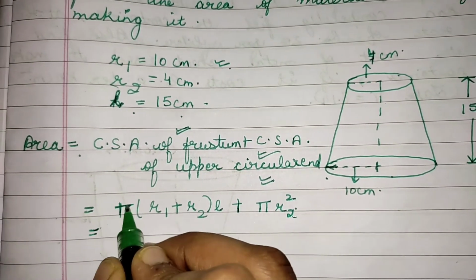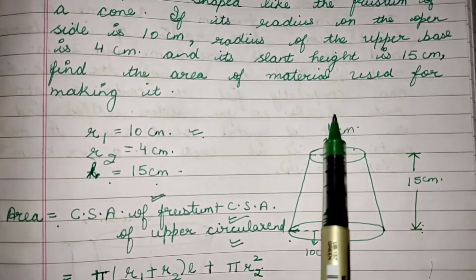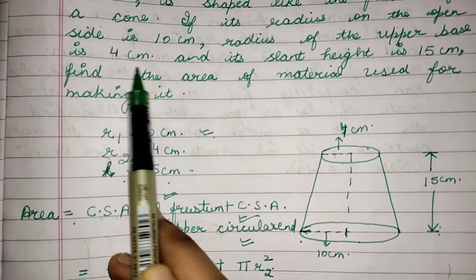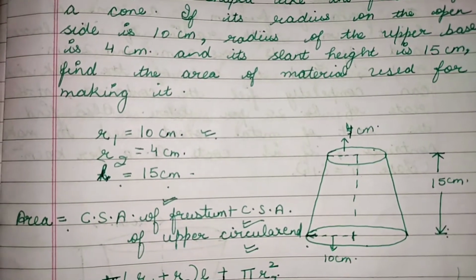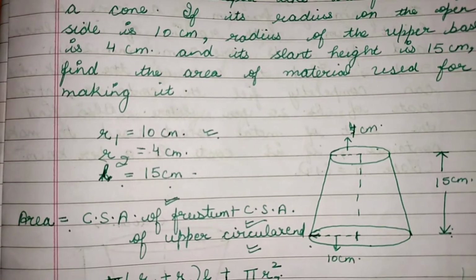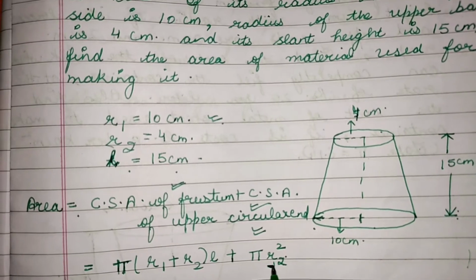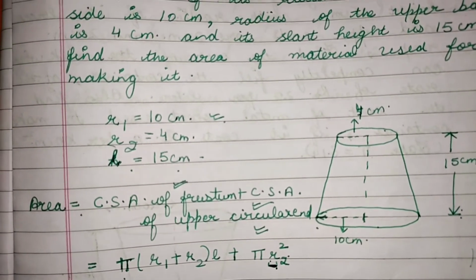Why R2 square? Because they have told us that the radius of the upper base is 4 centimeter and the cap will be open from the upper base. So we are considering the area of the upper base. That's why we will take the radius of the upper base.